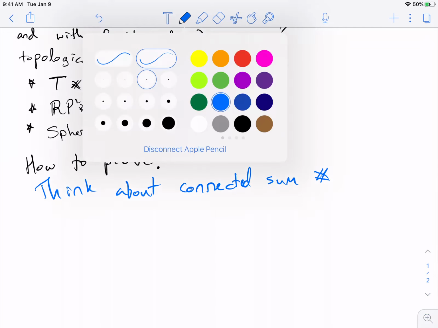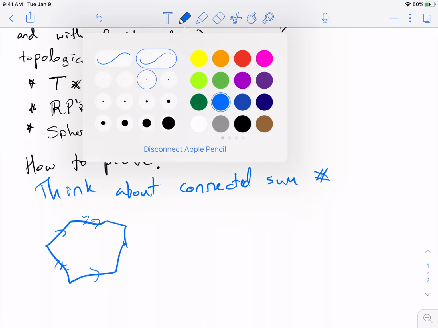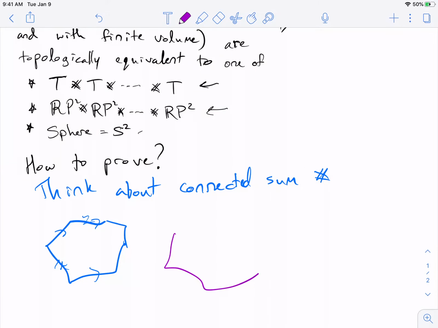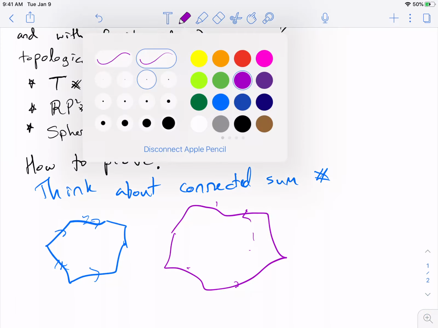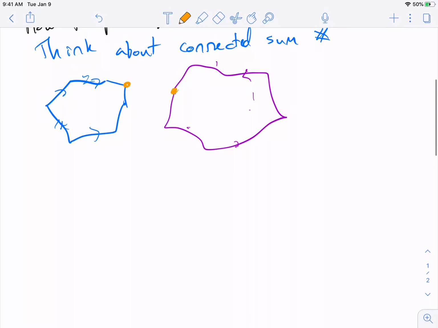This hash symbol. Remember, in terms of polygons, if I have two polygons with some sort of edge identifications, I'm not really going to specify what they are. So that's one, and here's some other edge identifications. Remember that the connected sum basically means I just take a larger polygon whose edges are all of the blue edges and all of the purple edges.